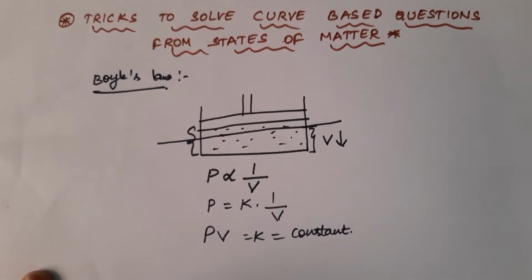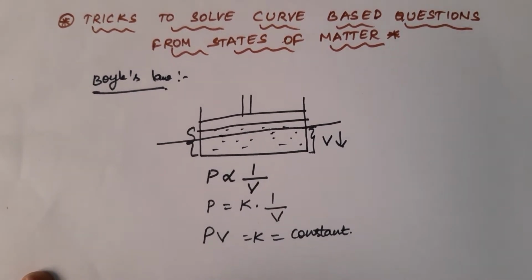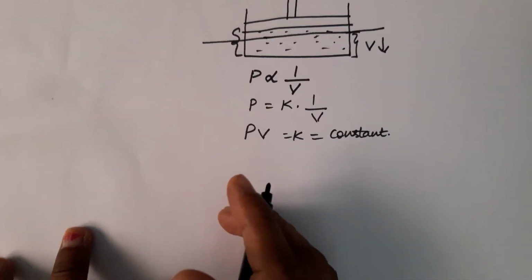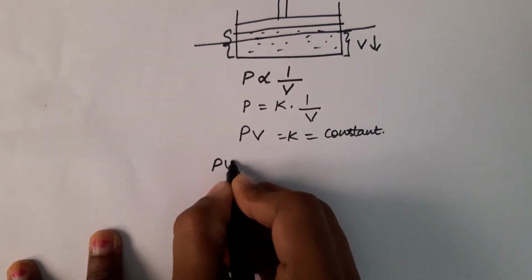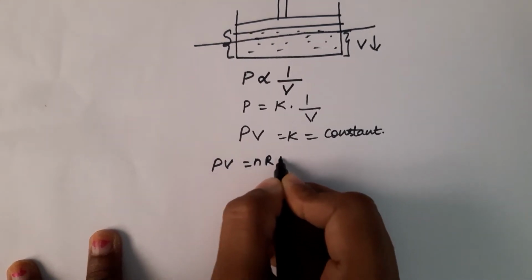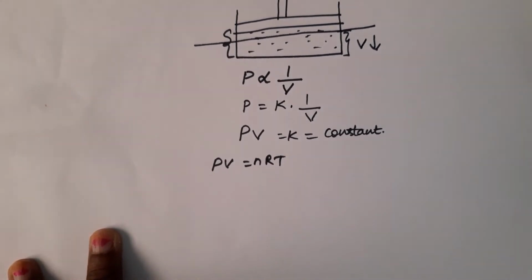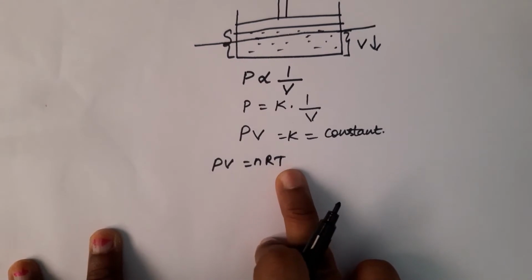Students, tell me, what is the ideal gas equation? Already you have learned that the ideal gas equation is PV = nRT. In Boyle's law, what is constant, students? T is constant.